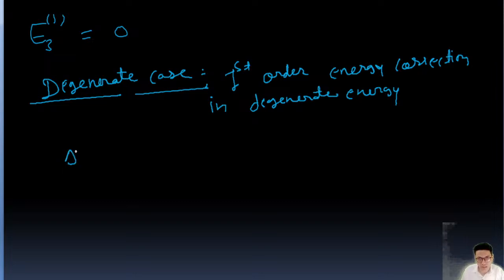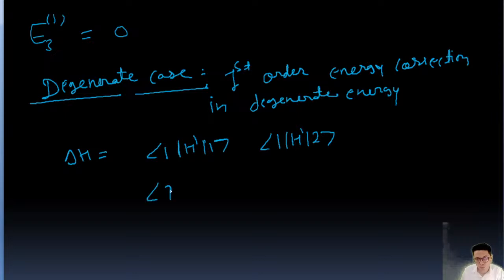So delta H is going to be this one: <1|H'|1>, <1|H'|2>, <2|H'|1>, and <2|H'|2>.